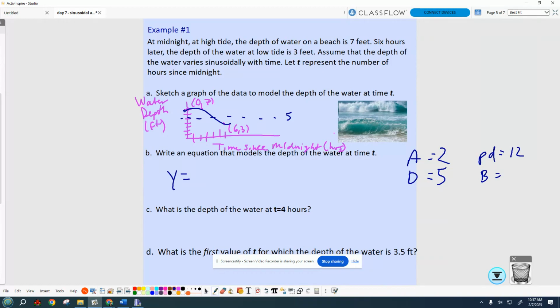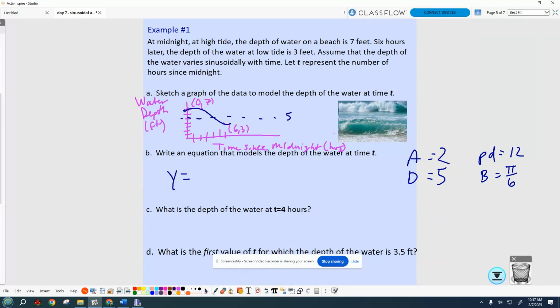What's the B value? Pi over 6. So 2 pi over 12, which reduces to pi over 6. Cherry, would you choose a sine function or a cosine function to model this? Because why? Cosine normally starts where? Higher up.